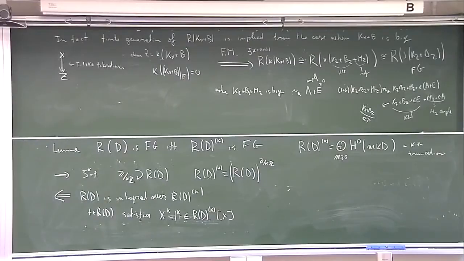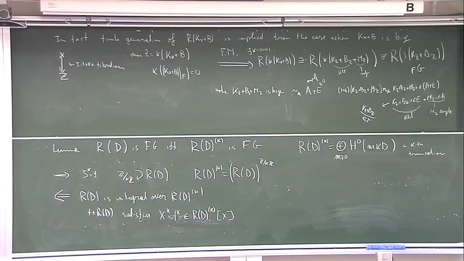But then you told us this ring can be considered as the KLT canonical ring of something, so you are explaining to us the finite generation of the canonical ring holds without any.